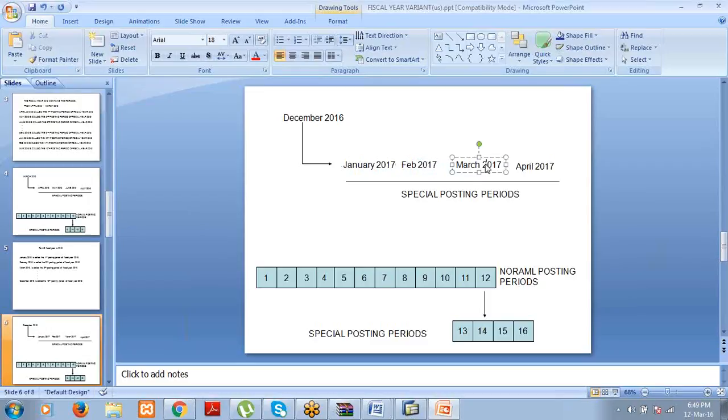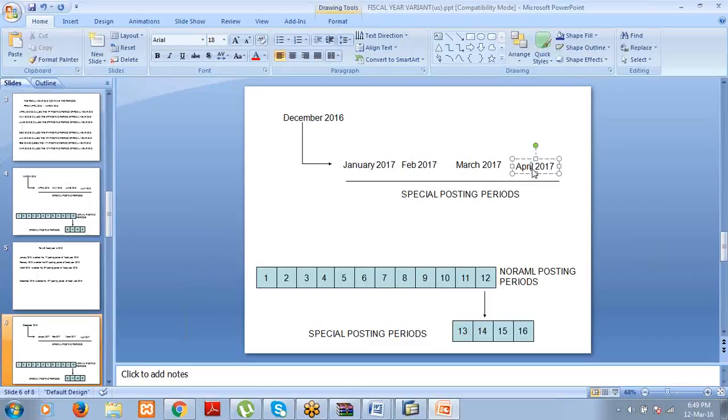March 2017 will be the third special, and April 2017 is the fourth special period. Remember, there cannot be any gap between the last normal period and the first special period. So the special periods always follow immediately the last posting period of the fiscal year.